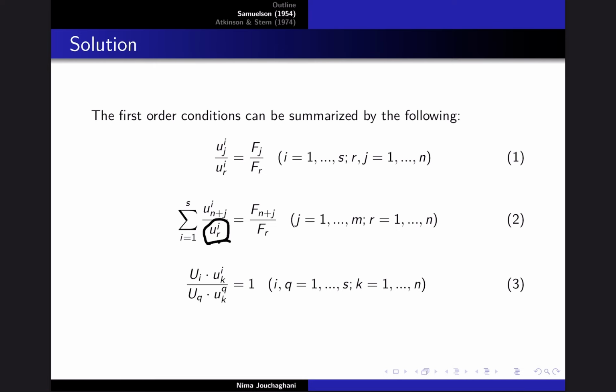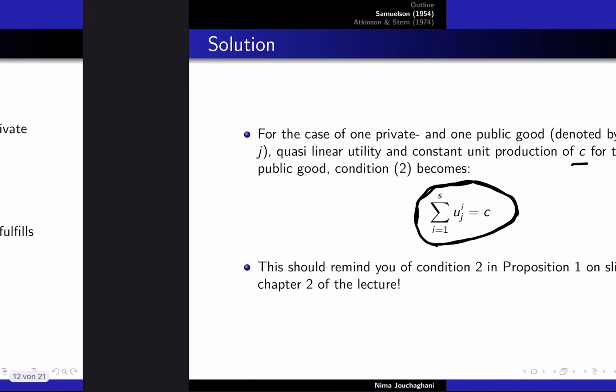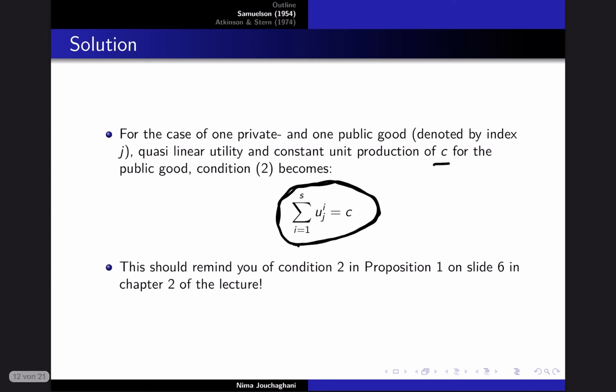Also, since we only use the numeraire good to produce the public good, and the production cost is equal to C, measured in the numeraire, this will be equal to C given the assumptions that I made on this slide. This should remind you of condition 2 in proposition 1, on slide 6 of chapter 2 of the lecture. So this is the relationship between the Samuelson condition that you saw and the Samuelson condition in the paper.